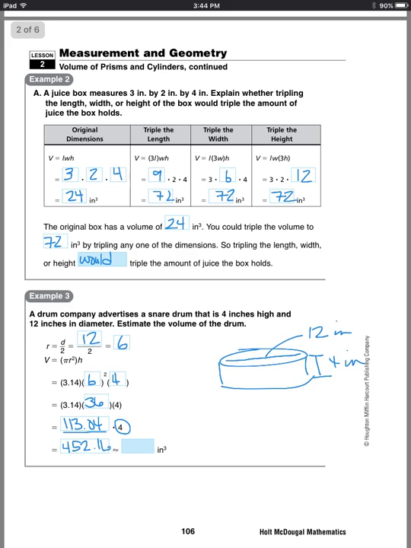It says to estimate, which means we're going to round it to the nearest whole number. So it would be 452 because that 1 in the tenths place makes the 2 stay.